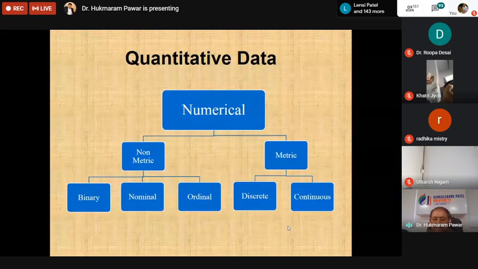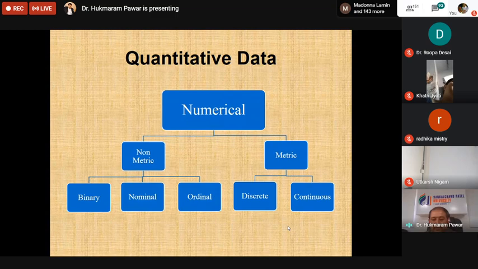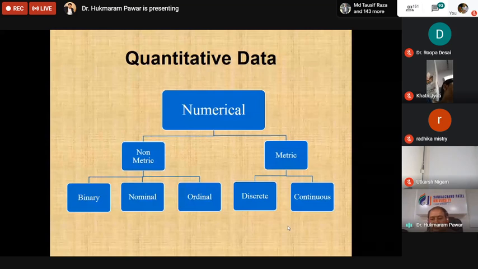Discrete means data which holds only fixed numbers, used for counting purposes, and which cannot hold all the numbers in a particular series. Say for example, the number of persons in your family: you cannot say it is 2.5, it is either 3, 4, 5, 6.